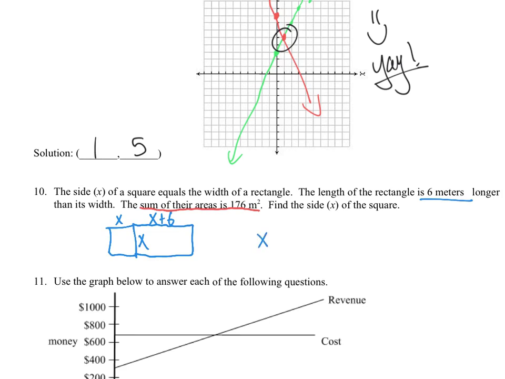So area of a square is x squared, and we're adding the area of the rectangle, which is x times x plus 6, and we know that's going to equal 176. Right, so then we simplify this left side as much as we can, distribute this x.